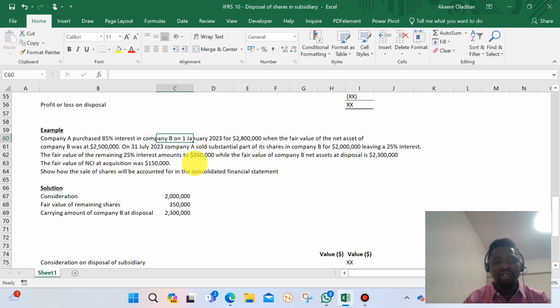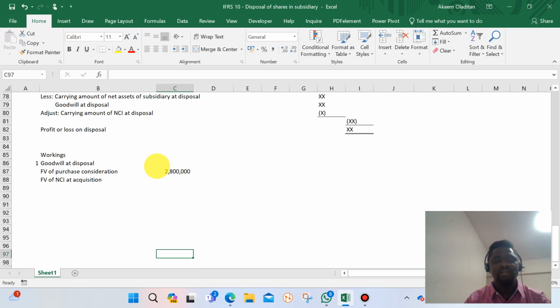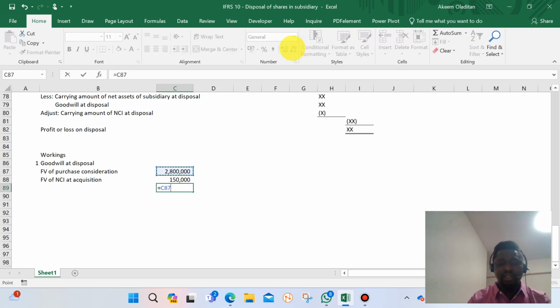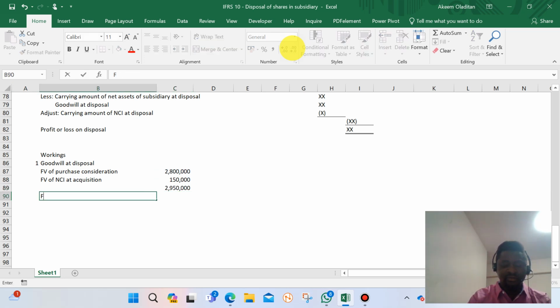Okay, fair value of NCI at acquisition is 150,000. So we had that 150,000. Once we had them together, so we'll now take out fair value of NCI.